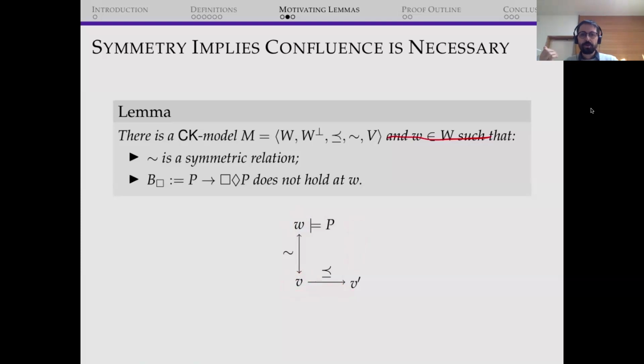So the minimal natural way of defining an IK model would be to have it symmetric, forward confluent, backward confluent. The only thing that would be lacking would be the non-existence of fallible worlds.